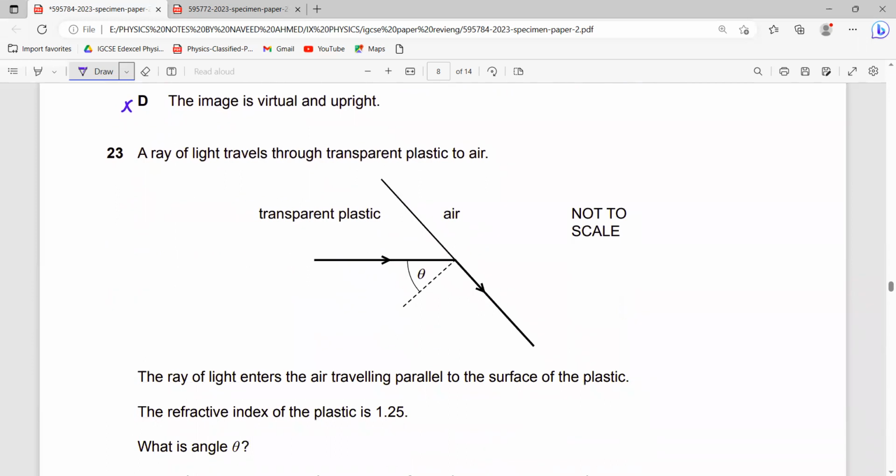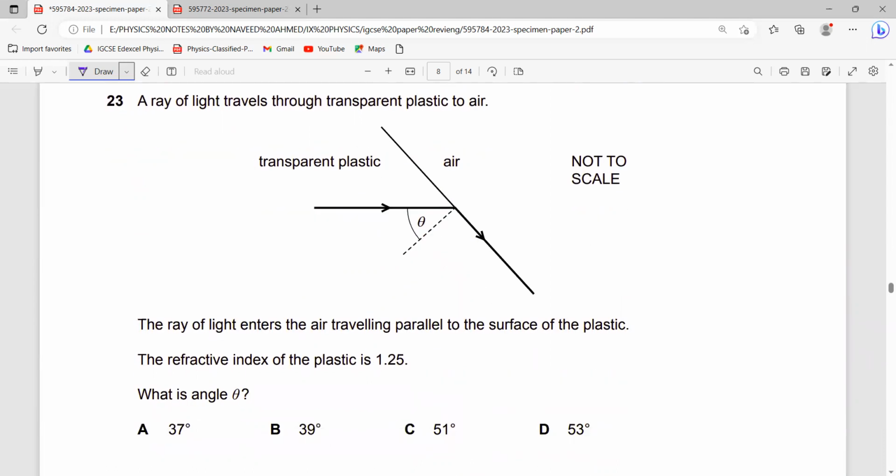Now the next: a ray of light travels through transparent plastic to air. The ray of light enters the air traveling parallel to the surface of the plastic. The refractive index of the plastic is given. You have to find the angle.